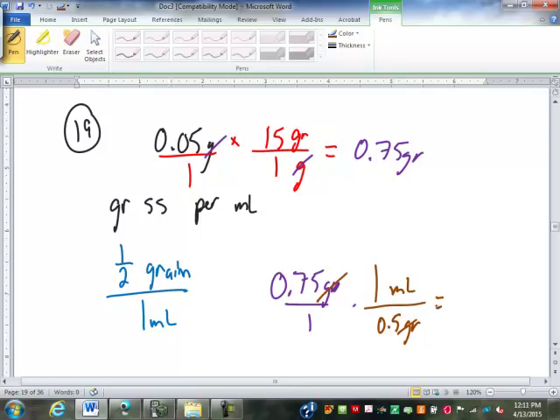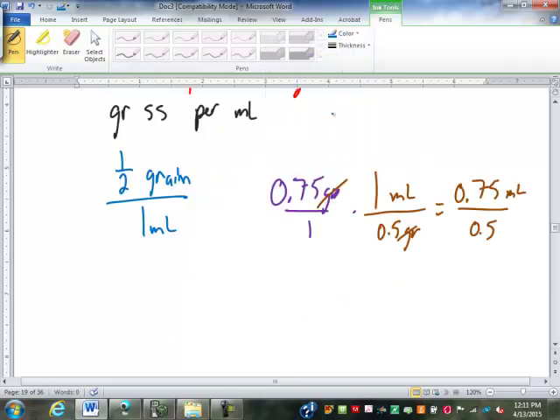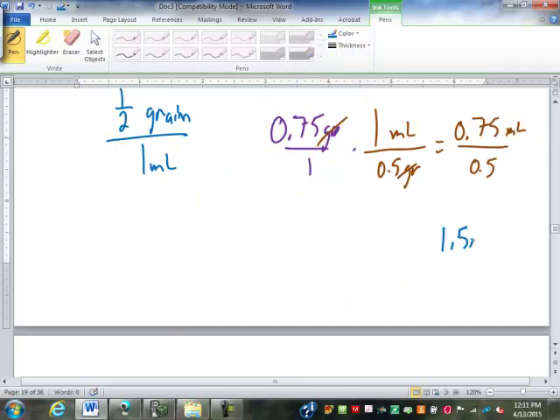Grains cancel out. I get 0.75 over 0.5. That's milliliters on top now, which divides out to be 1.5 milliliters.